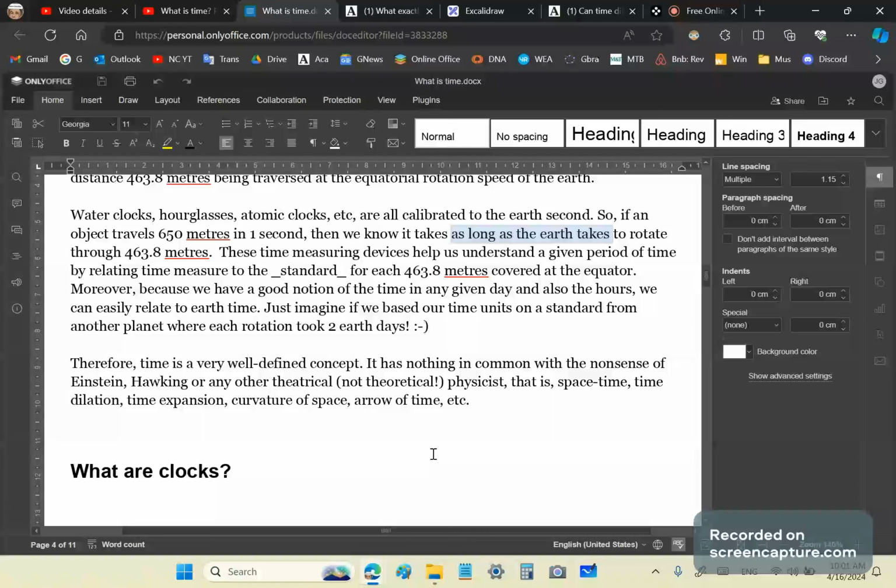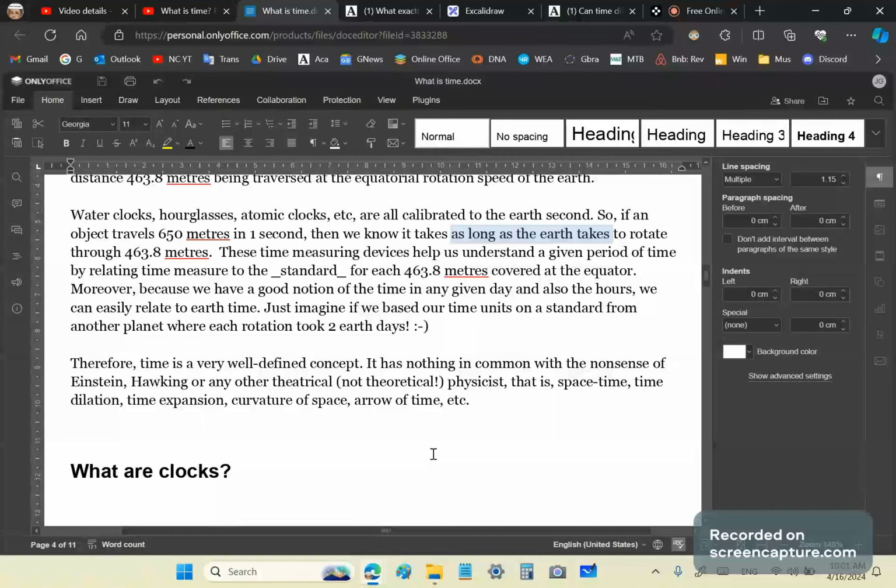So approximately one rotation is a day, which is 24 hours, and then multiply that by 60 to get the number of seconds. As I said earlier, it doesn't make sense to define or calibrate our time units to any other planet. Now, you'll notice once again that mainstream knowledge sources will say that atomic clocks are not dependent on the Earth at all.